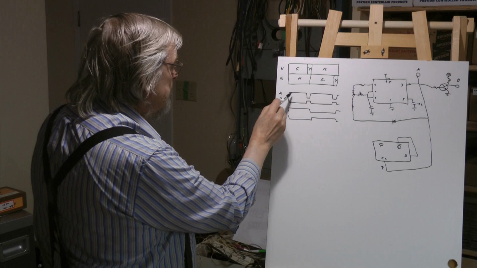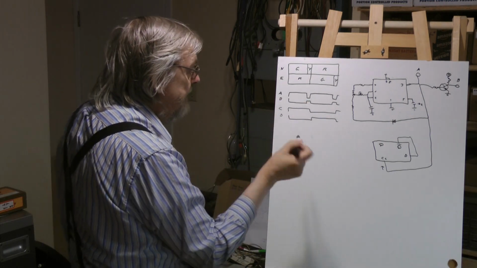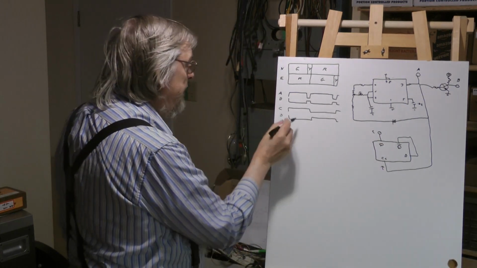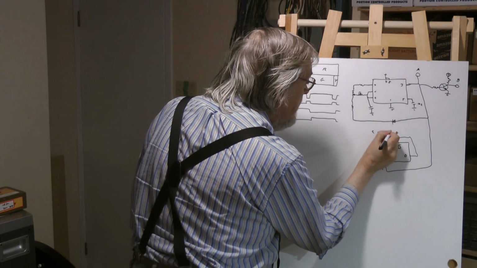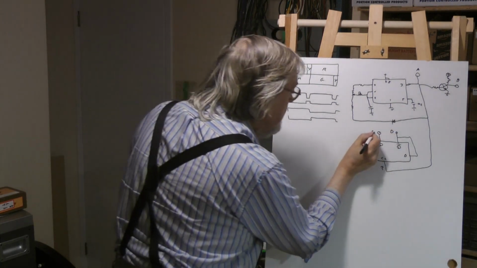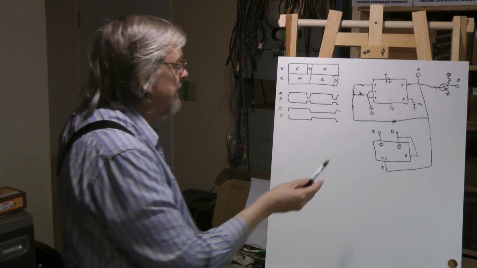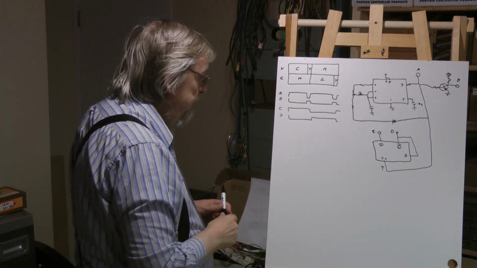So when this goes high, we get our C coming out of our Q, and we get the complement D on the not Q. That's a C. All right. So we have our logic A, B, C, and D.